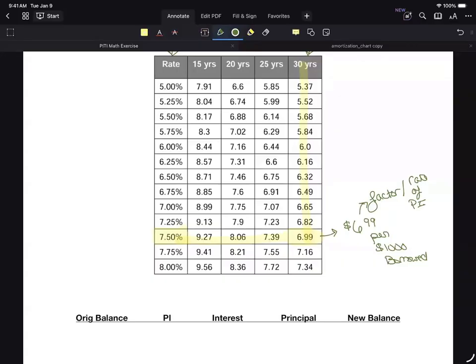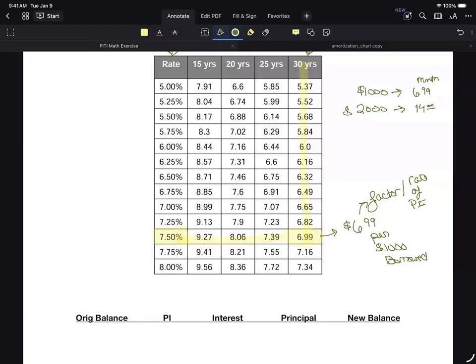And so we know this person, Abby, is going to pay $6.99 for every $1,000 that she borrows. So if she borrowed $1,000 for 30 years, that seems ridiculous, but she would pay $6.99 a month. If she borrowed $2,000, she'd be paying basically $14 a month.